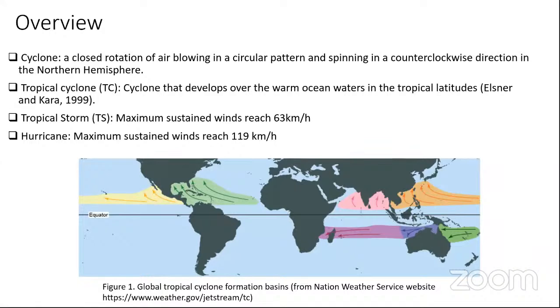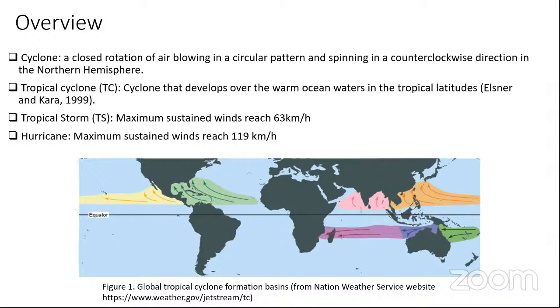A little bit of overview about the tropical cyclone. A cyclone refers to a closed rotation of air blowing in a circular pattern and spinning in a counterclockwise direction in the northern hemisphere. Tropical cyclone specifically means the cyclone that develops over the warm ocean water in the tropical latitudes.